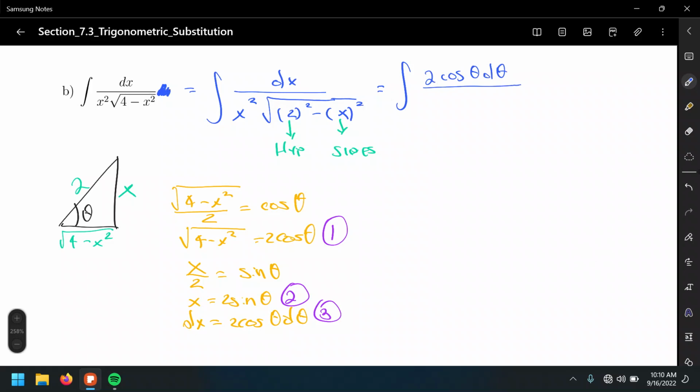The radical we mentioned, I'm going to leave a space. We got for the radical the quantity 2 cosine theta. Now, outside of the radical, we have this x quantity squared. But we have something for x, which is the second ingredient in the substitution. That is some quantity squared, which is x, and that's 2 sine theta.